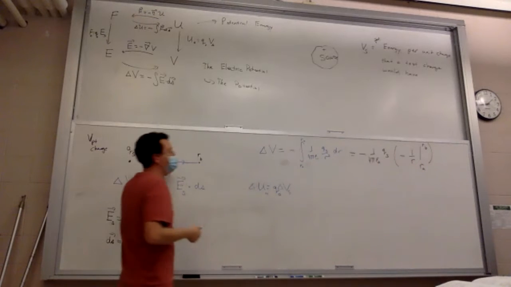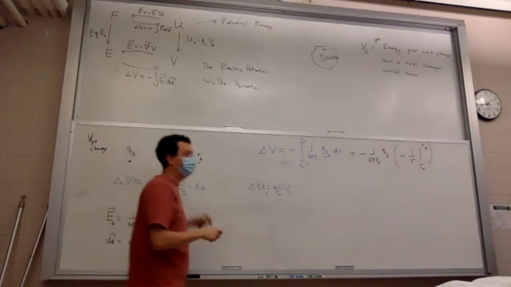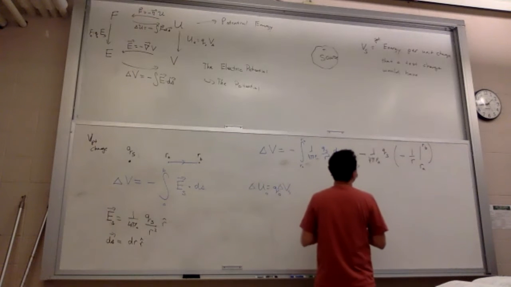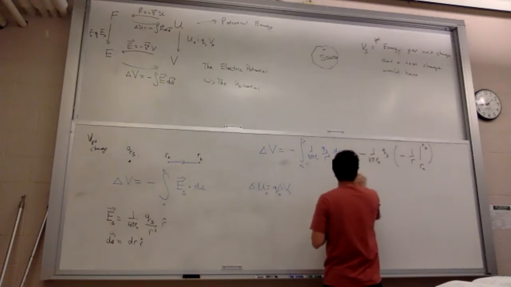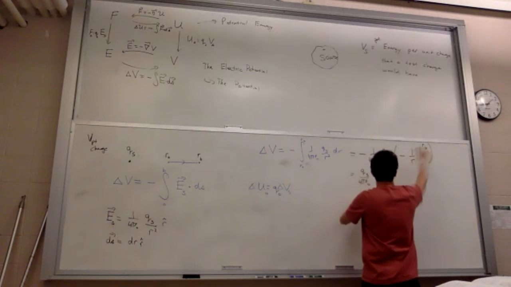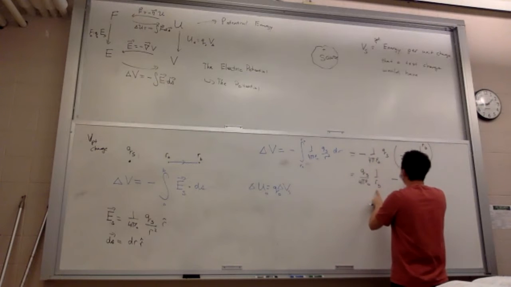And RA is smaller than RB. So that's going to be important when we figure out is this thing positive or negative. So this becomes QS over 4 pi epsilon naught, minus signs cancel there, 1 over RB minus QS over 4 pi epsilon naught 1 over RA.